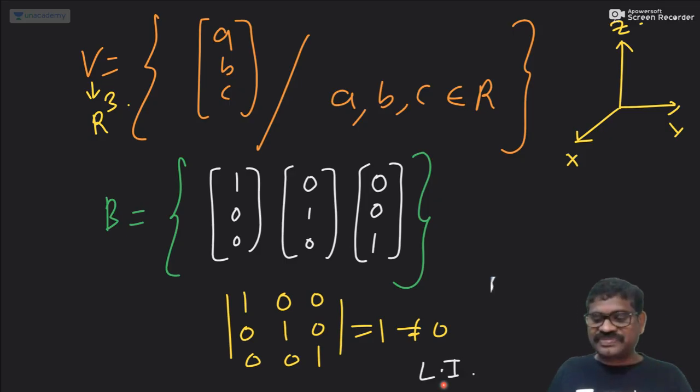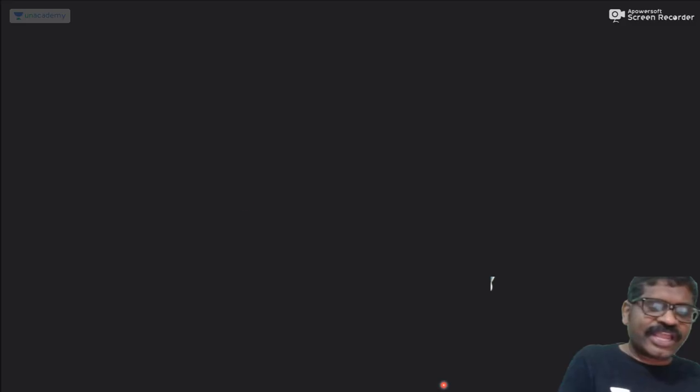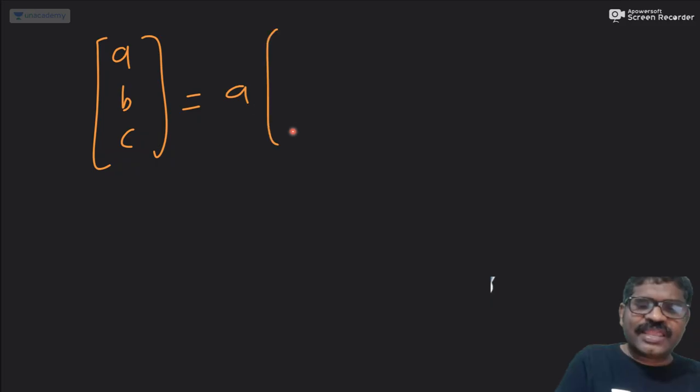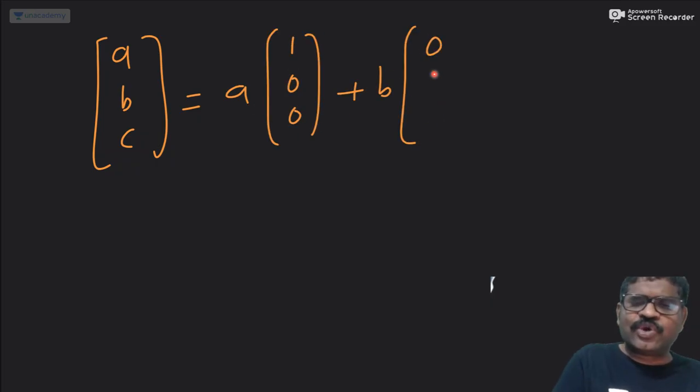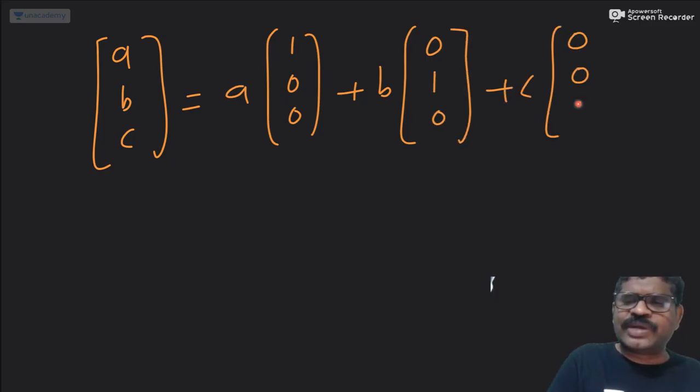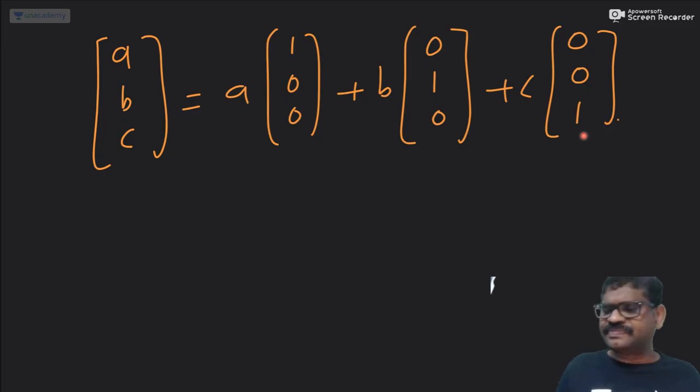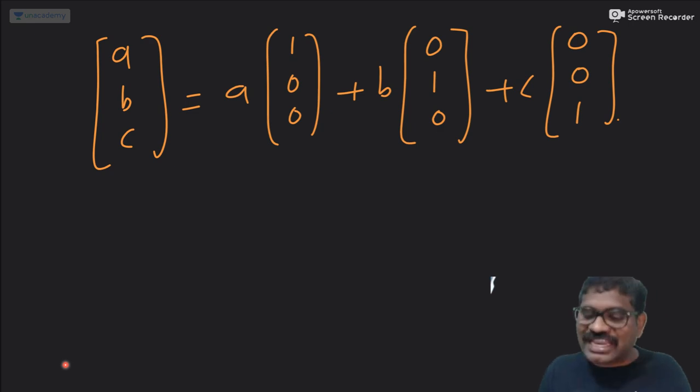Here, if you take a vector from your vector space V, (a, b, c), you can write a into 1 0 0, b into 0 1 0 plus c into 0 0 1, that is a x1 plus b x2 plus c x3 form.